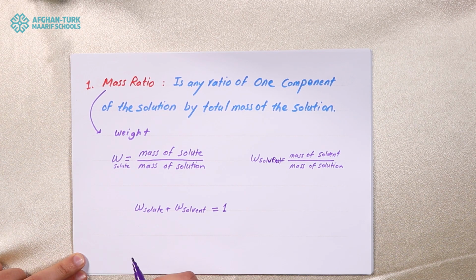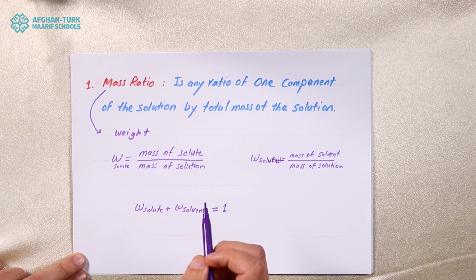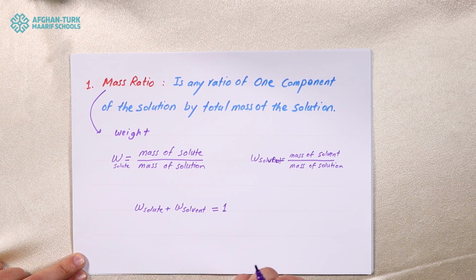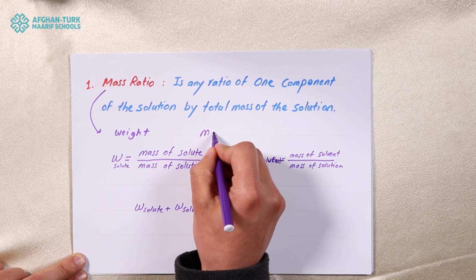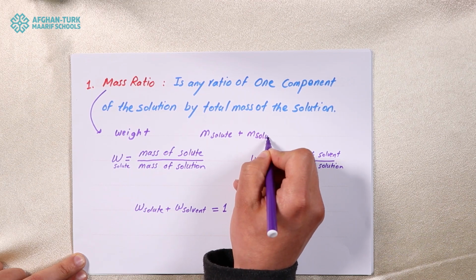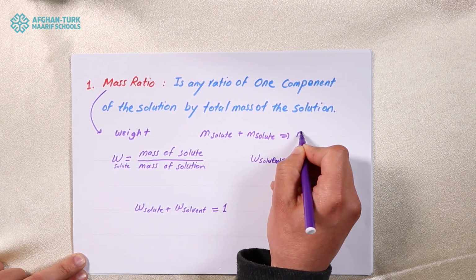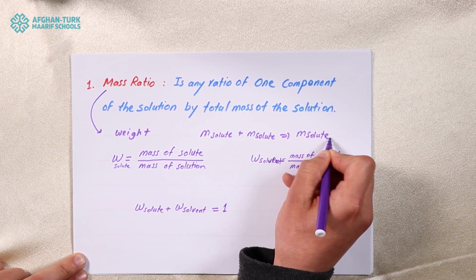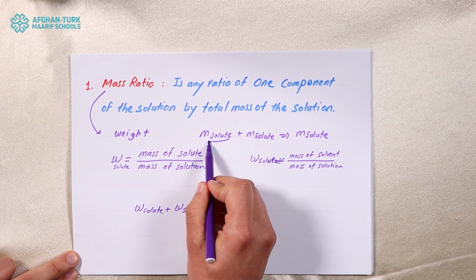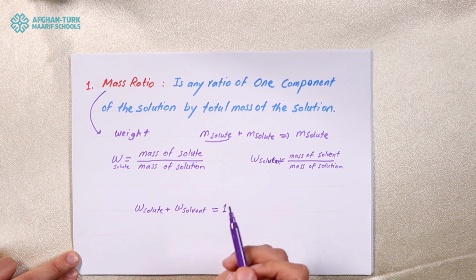It shows the ratio of every part of the solution according to their mass. For example, mass of solute plus mass of solvent is equal to the mass of solution.